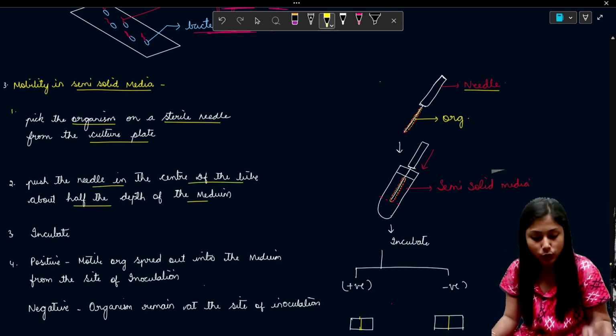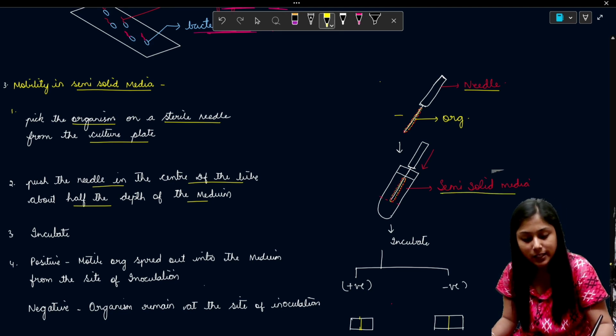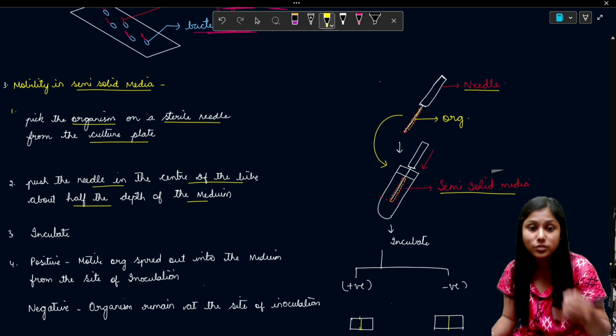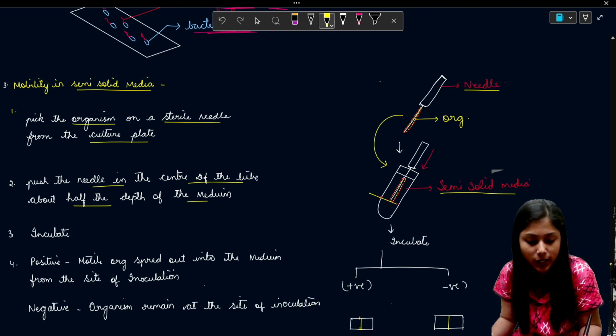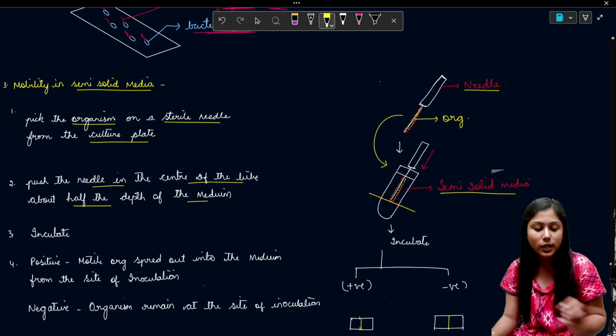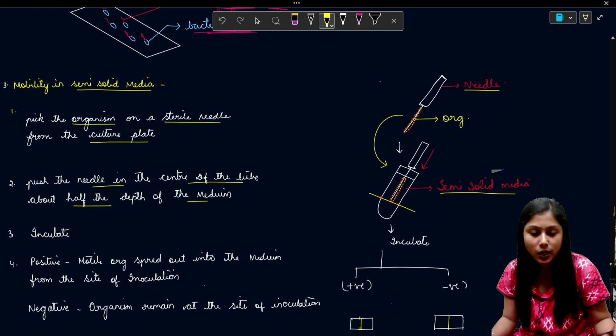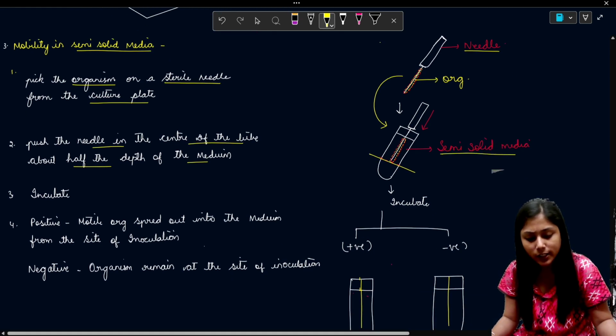The same needle, which now has the inoculum, basically the organism on it, we are going to push into the semi-solid media, but not completely downwards. I am just going to take it halfway into the test tube. We are not going to push it completely down, just halfway, into the semi-solid media.